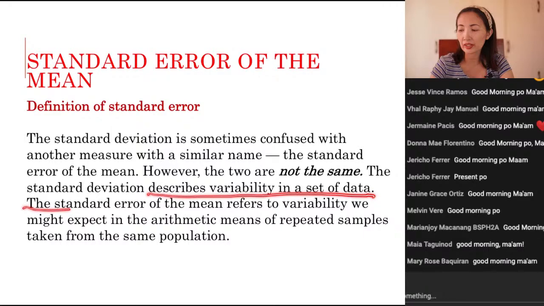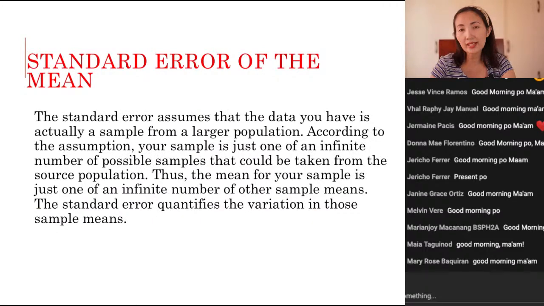The standard error assumes that the data you have is actually a sample from a larger population. According to the assumption, the sample is just one of an infinite number of possible samples that could be taken from the source population. So the mean of your sample is just one of an infinite number of other sample means.